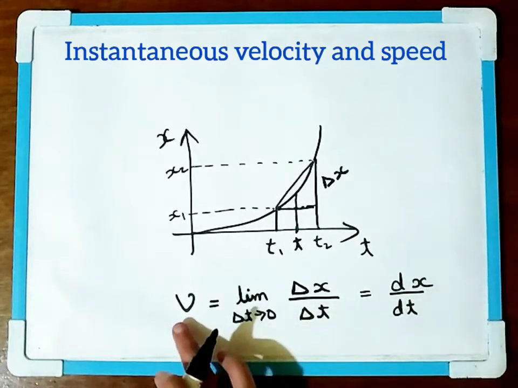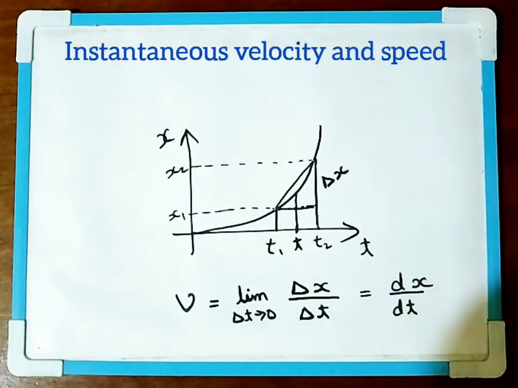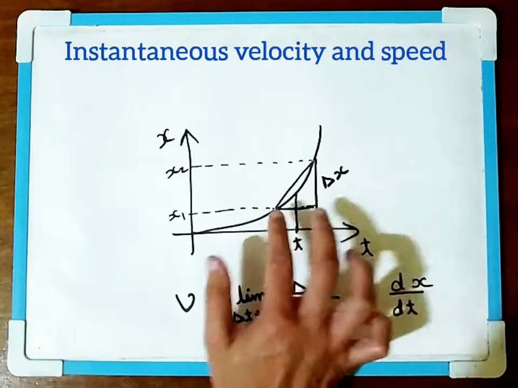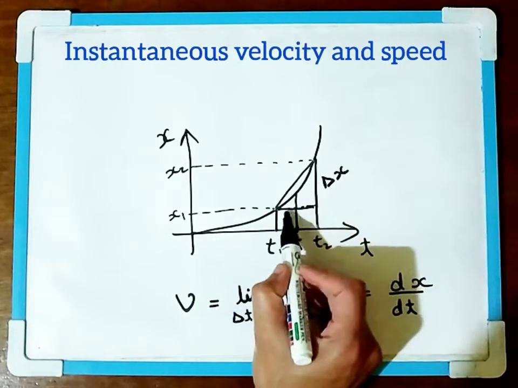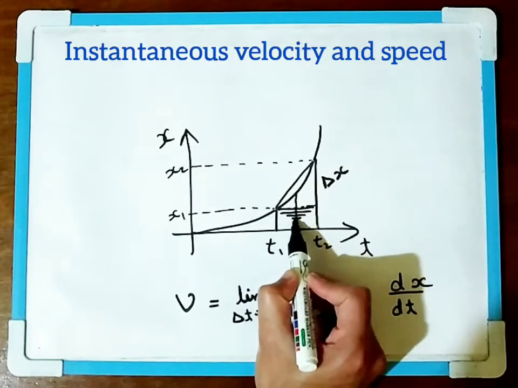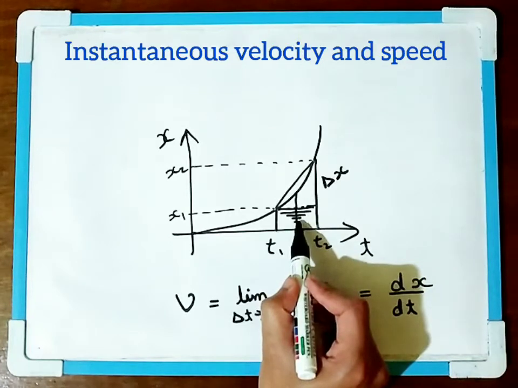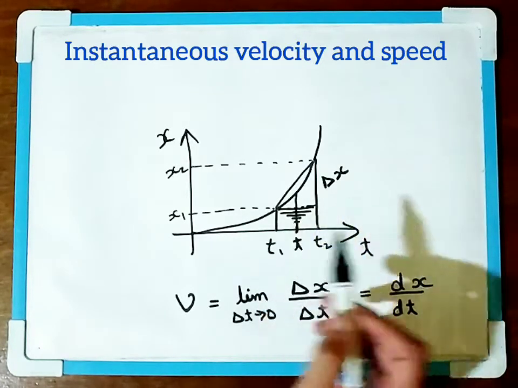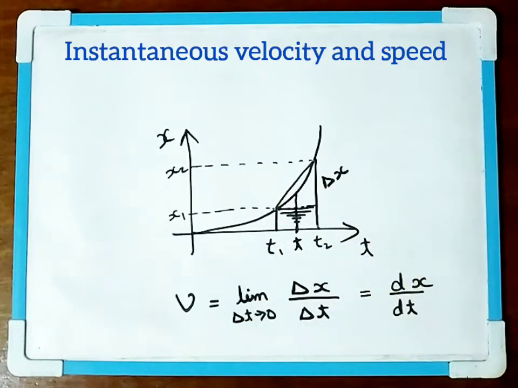So the instantaneous velocity is given by this formula, d dt of x. And it is defined as the average velocity when this time interval is very, very small and tends to 0. So you slowly decrease this till you reach approximately 0. Obviously you cannot make it exactly 0. Then you take the average velocity, and you'll get the instantaneous velocity.